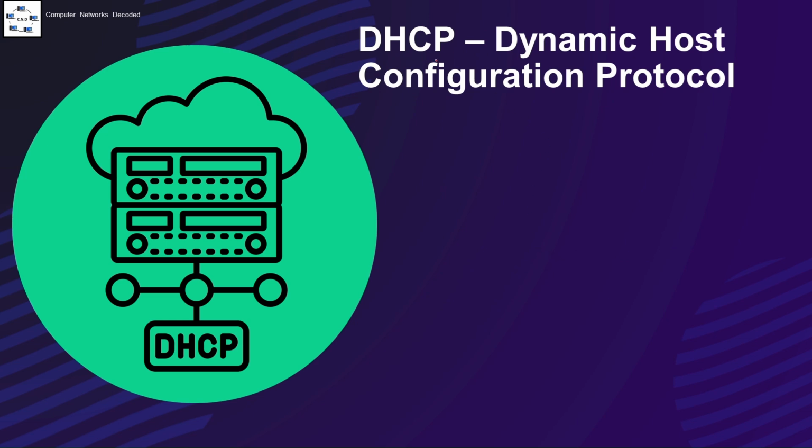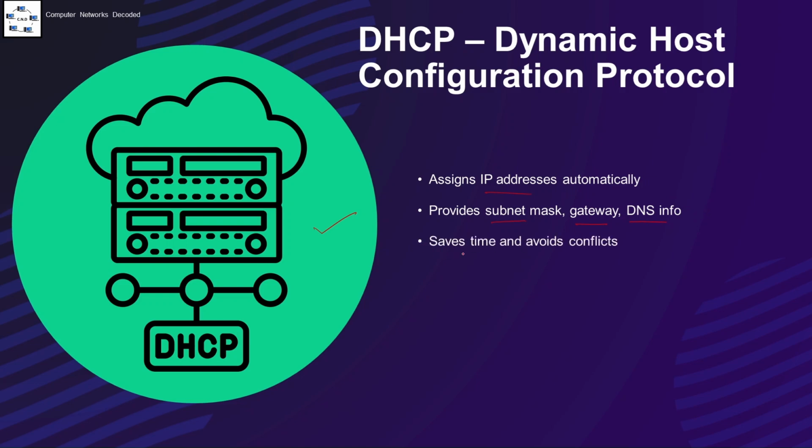Next service is DHCP, that is Dynamic Host Configuration Protocol. This protocol is used to assign IP addresses automatically to the clients inside the network. Besides the IP addresses, the server also provides the subnet mask, gateway, as well as the DNS info. DNS info means the DNS server. This protocol basically saves time and avoids conflicts. What does this mean?